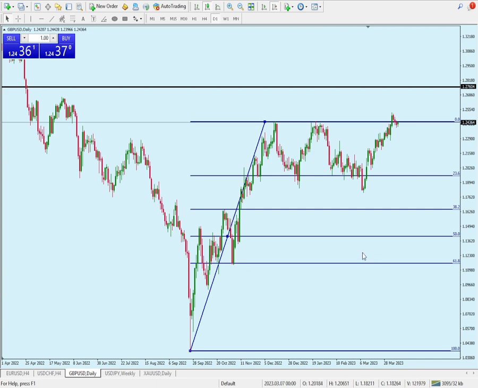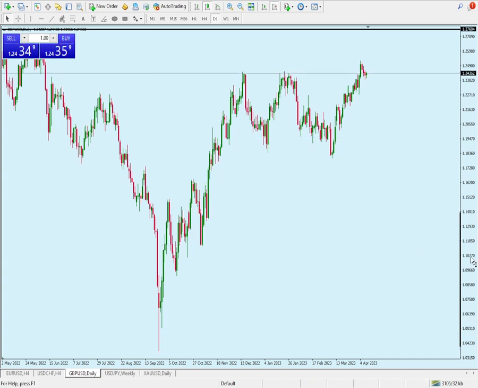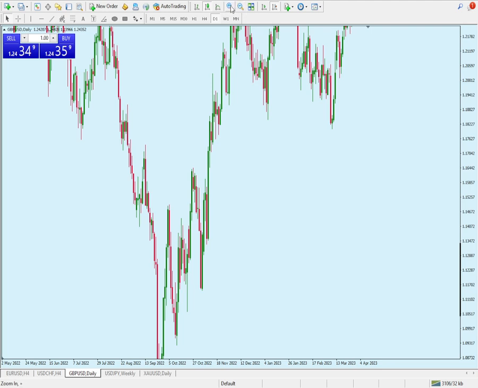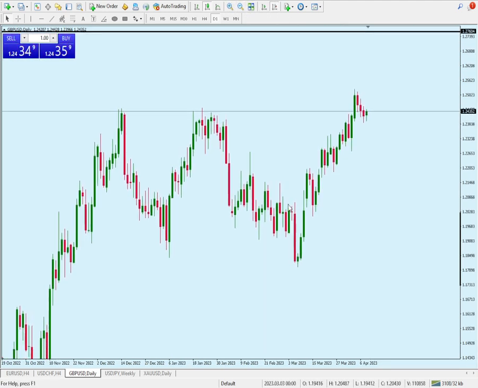So it's okay, not a big deal. I am trying to understand this market because I was away from the screen and I will be doing it in front of you. So let's zoom in on the chart and find out what's going on actually.